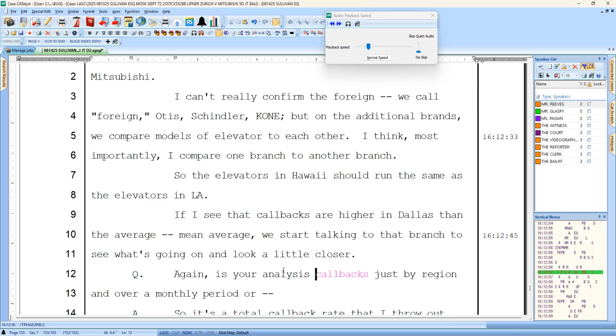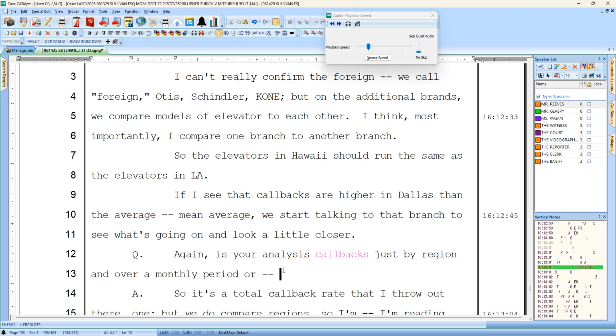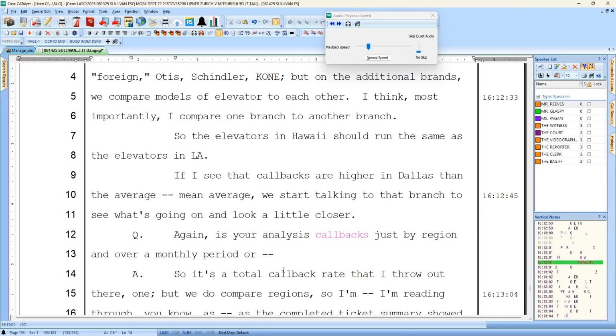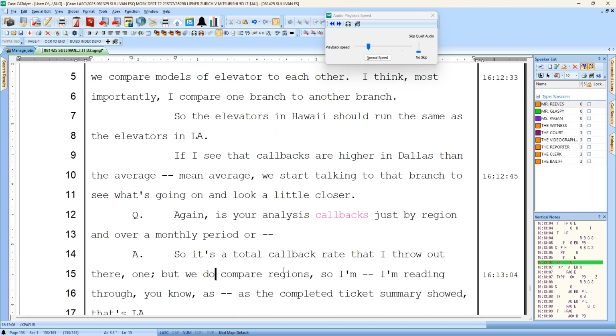Again, is your analysis callbacks just by region and over a monthly period, or? So it's a total callback rate that I throw out there. But we do compare regions.